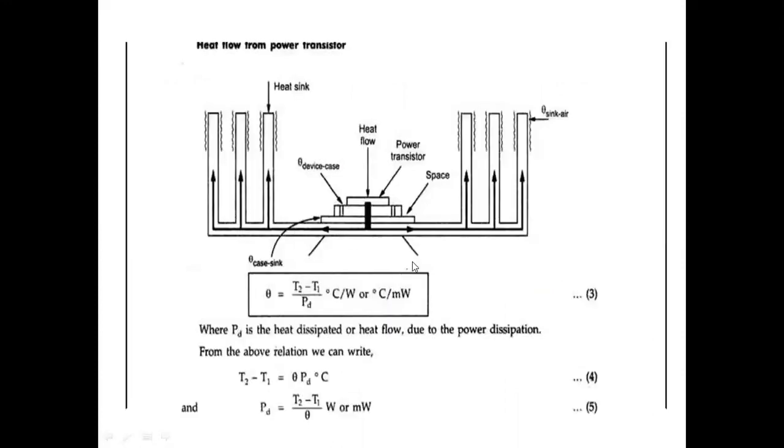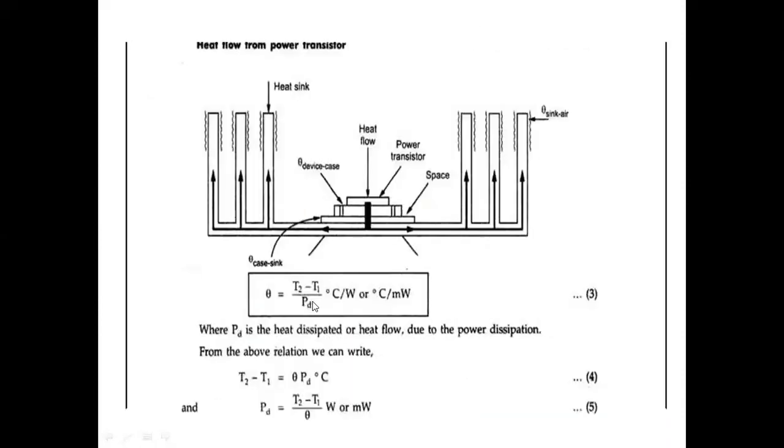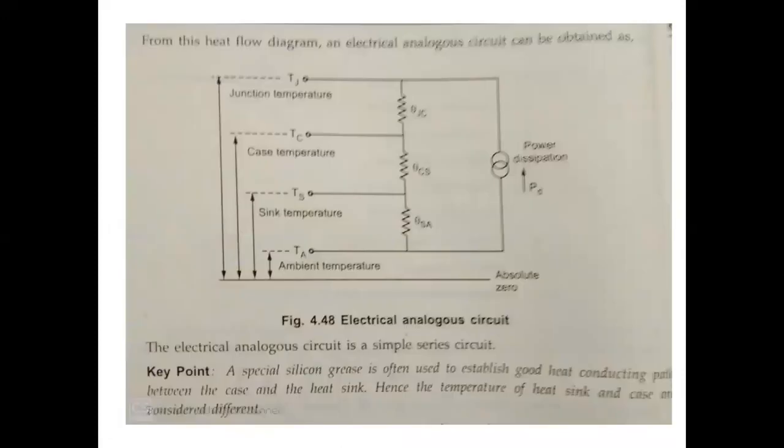And coming to the formula about thermal resistance, which is related to the heat sink. So this is the formula, and the terms which we are representing, that is Tj, Tc, Ts, and Ta. These are the temperatures at different conditions, that is at junction, at case, at sink, at ambient.